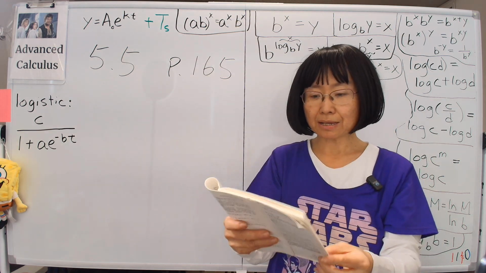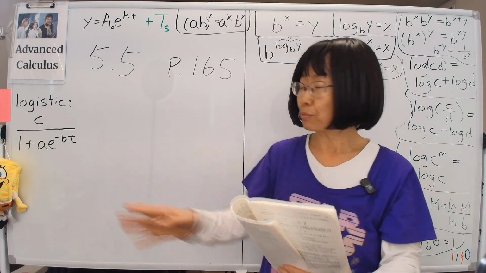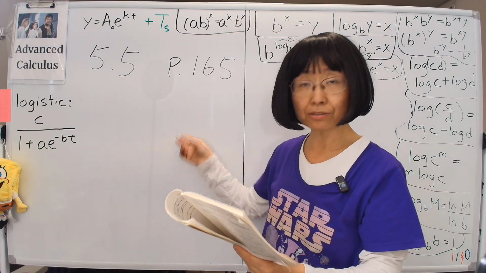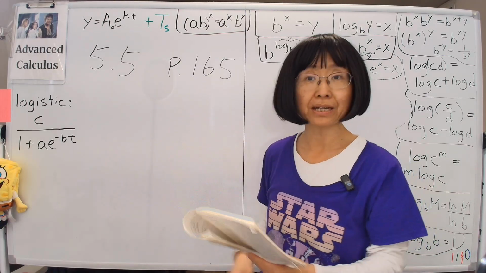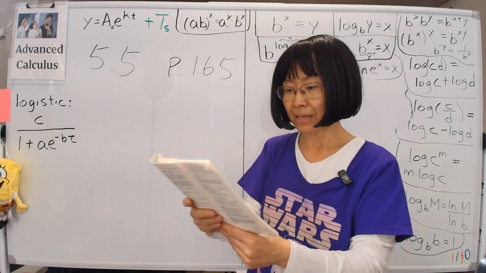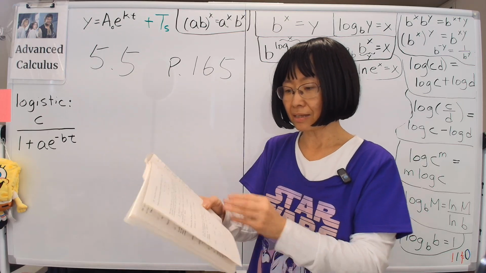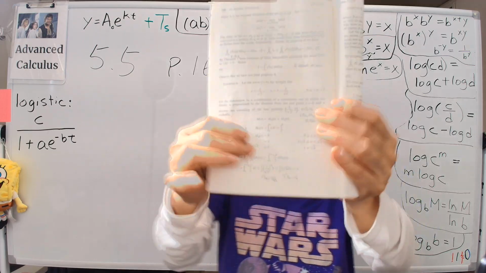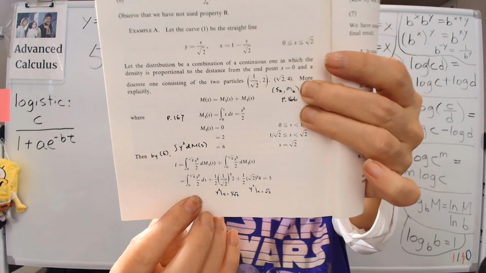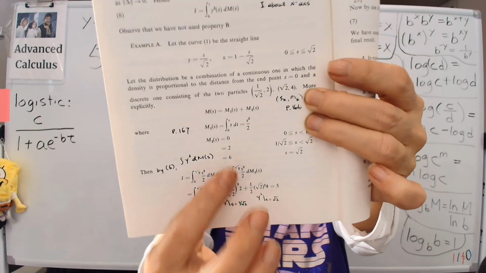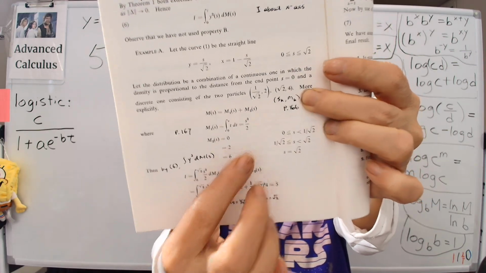Next, let's look at example A, which is a simple example where we have two things. One, some continuous wire, and then you have two chunks of stuff together to make your entire collection of stuff. To calculate the moment of inertia in that case, you have two situations. One is the continuous situation for which you do an integral. The other one is the individual situation where the m is just a step function of 2 units.